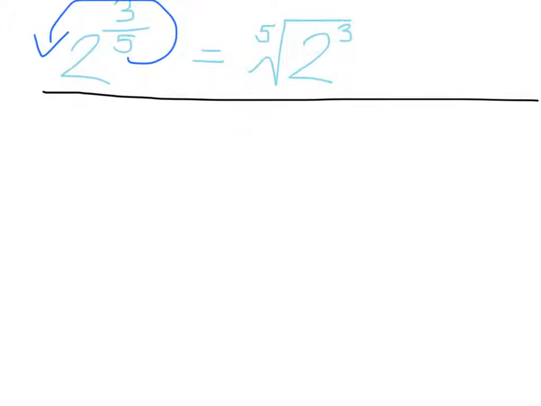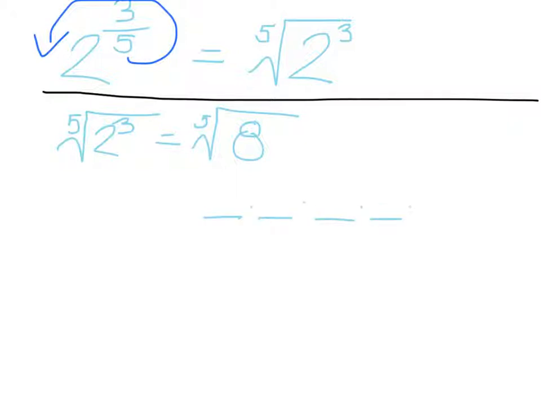The first way is to just simplify what I have under the radical sign. So I'm taking the 5th root of 2 to the 3. I can simplify that as the 5th root of 8. And this is a really interesting situation, because if I try to figure out what value times what value, 5 times, will get me to 8, I realize that's really hard to figure out.